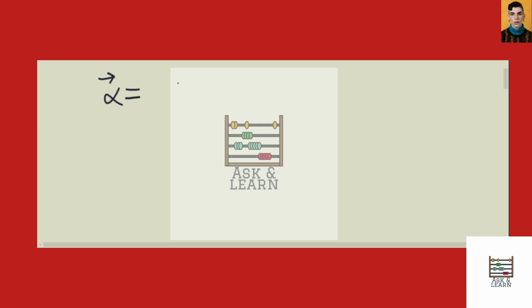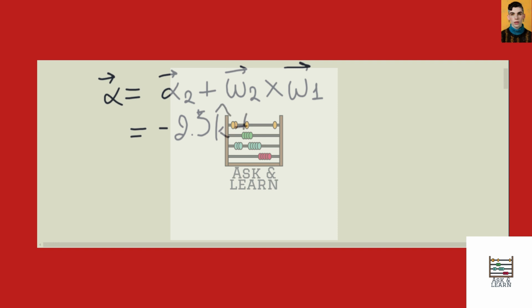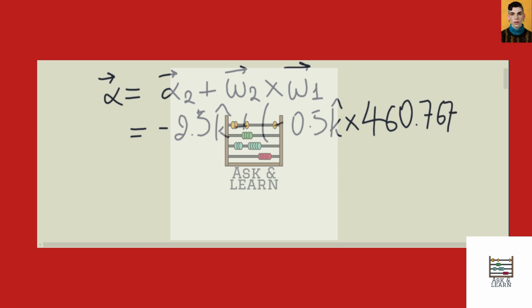So acceleration now is this one, which is 2.5 k hat plus 0.5 k hat cross product the value that we calculated before, for which vector we take it that it is parallel to the rotating y-axis.